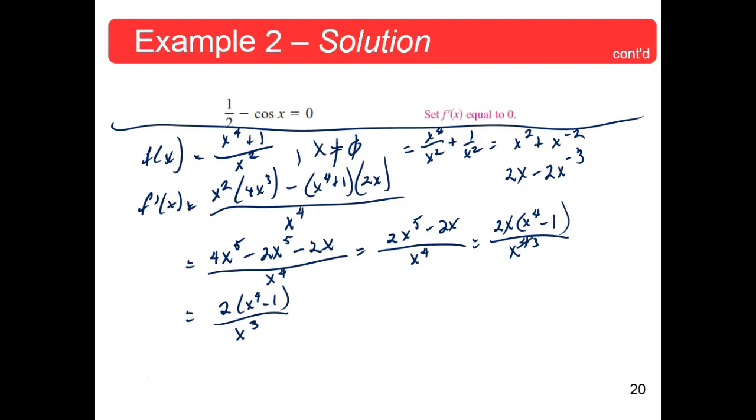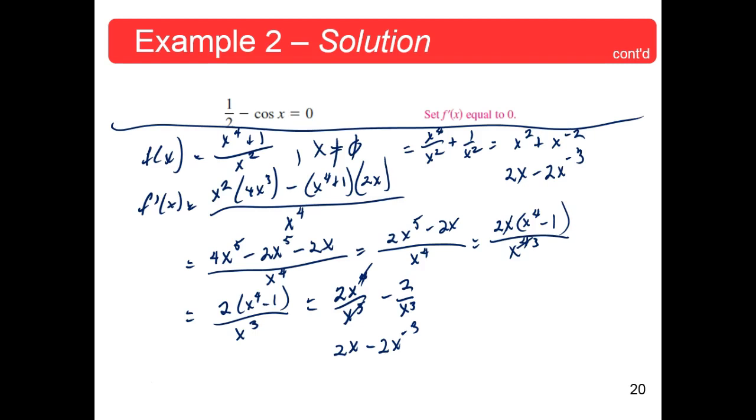I first got rid of one of them, but I'm going to write this in a slightly different form and write this as, I'm going to do it right here, 2x to the fourth over x cubed minus 2 over x cubed. Right? And 2x, that would be x, right? Now we have 2x minus 2x to the minus 3. You get the same result either way.